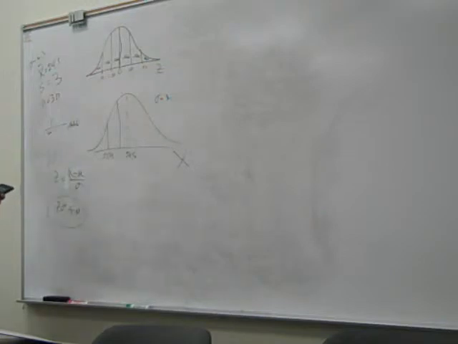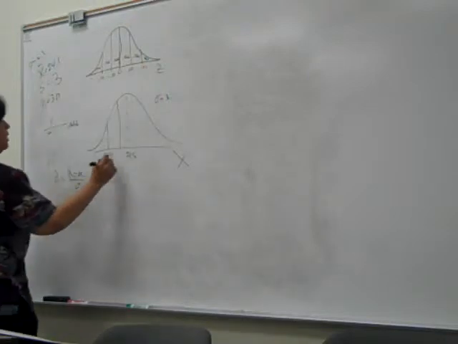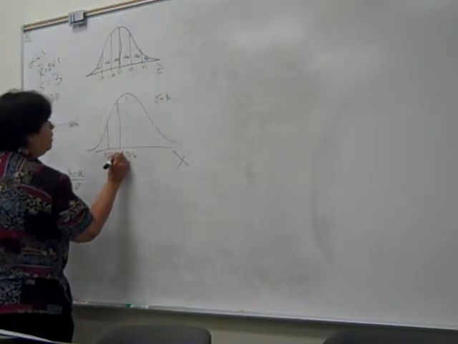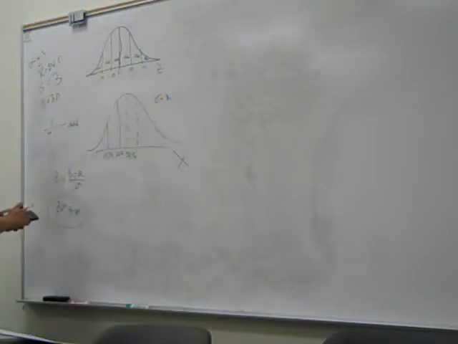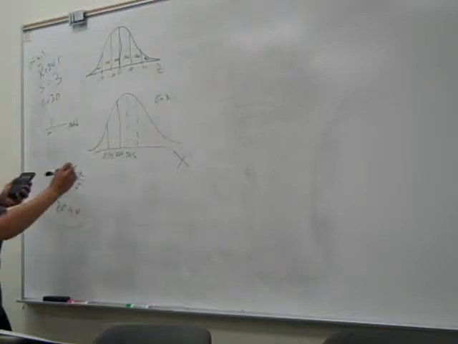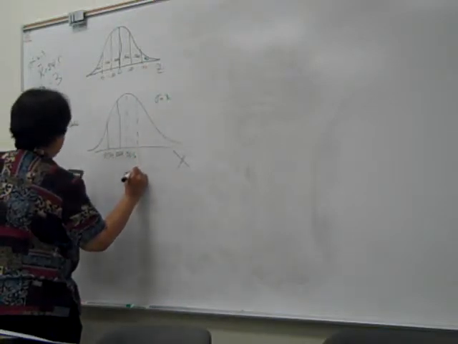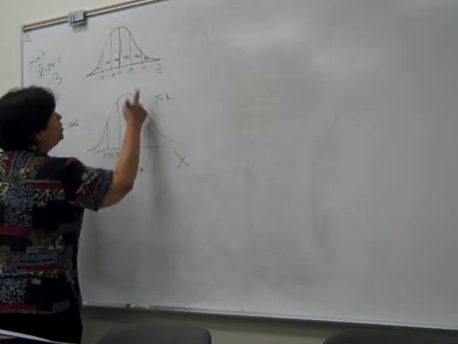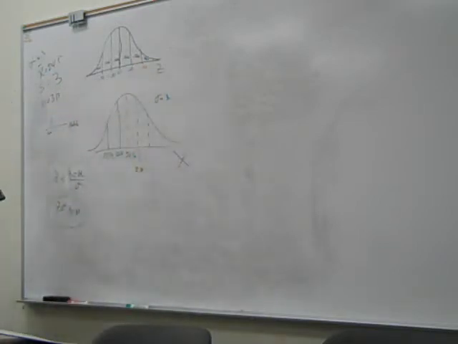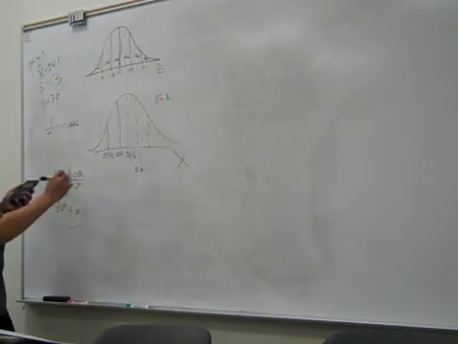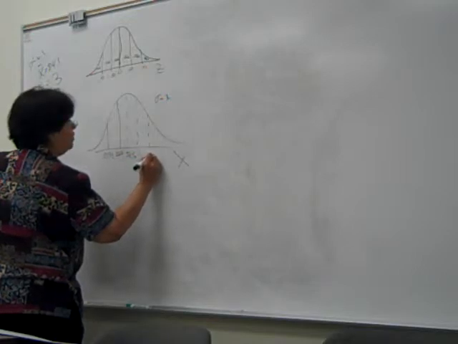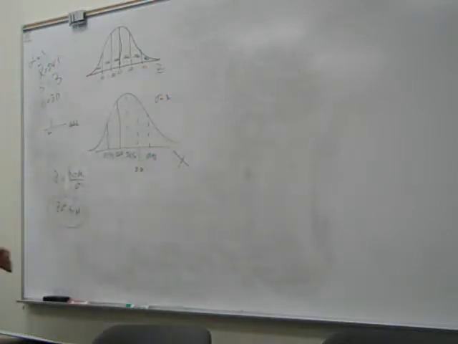Negative 0.43 times 3, that is the sigma, plus the 24.5, that is the mean, is the 23.21. What is this positive 0.43? Okay, this positive 0.43 times 3 plus 24.5, this number is 25.79, and the last number, this 0.97 over here, is times 3 plus 24.5, this is 27.41.